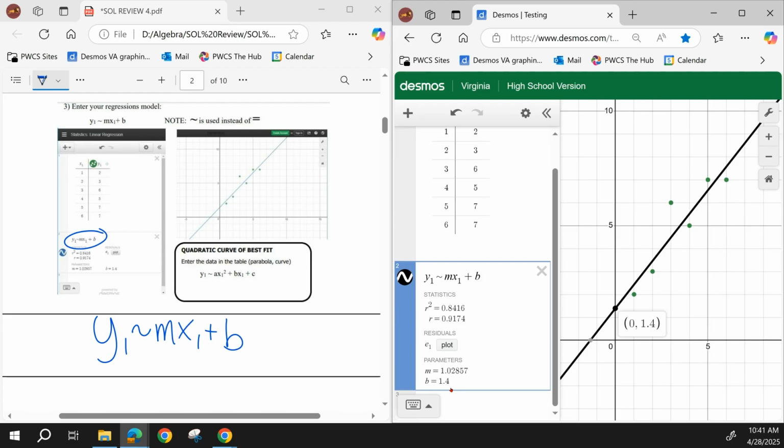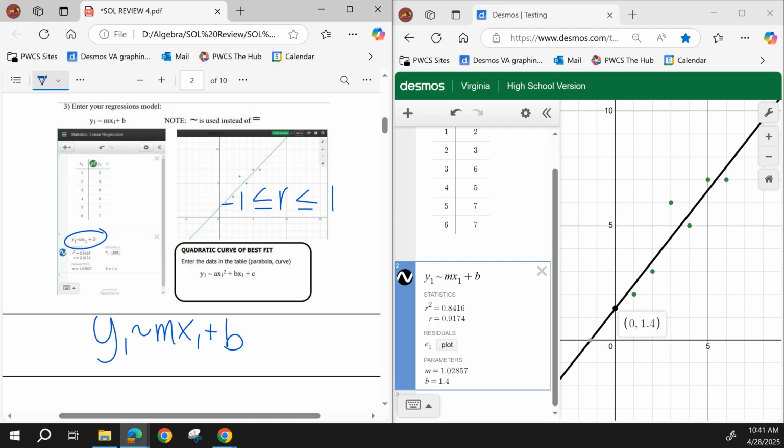Another letter it gives you is this r squared and r. So we're going to look at r real quick. r is a number between -1 and +1. The closer that number gets to +1 or -1, the stronger the relationship.